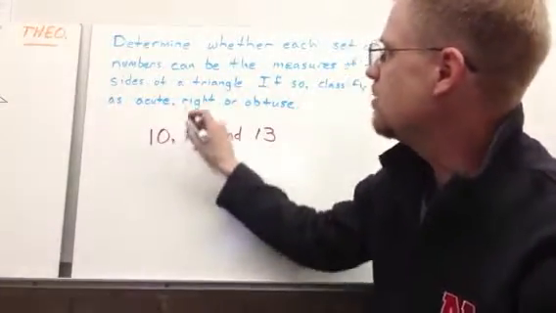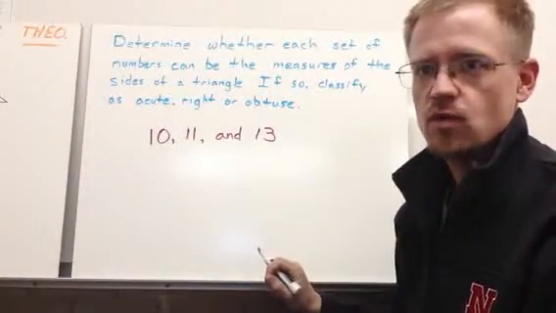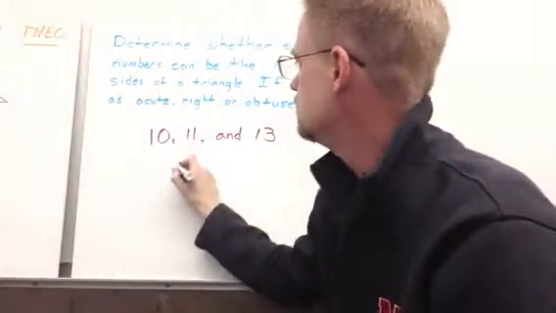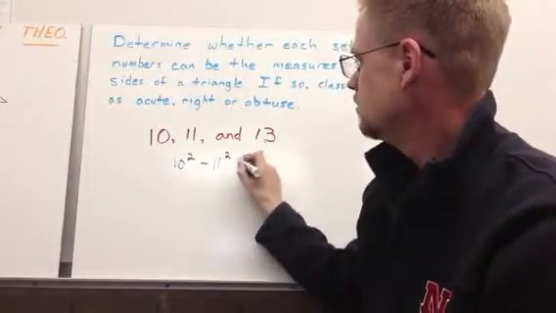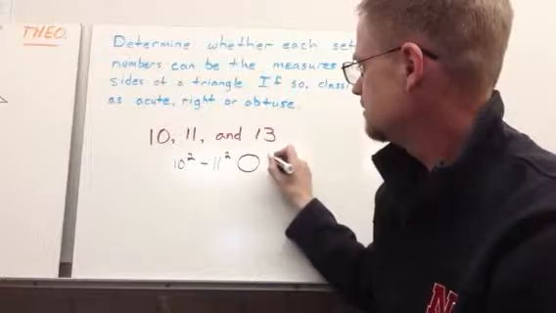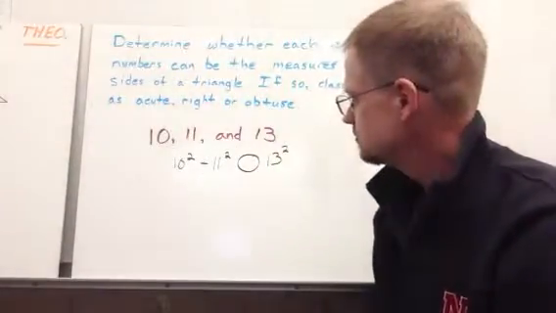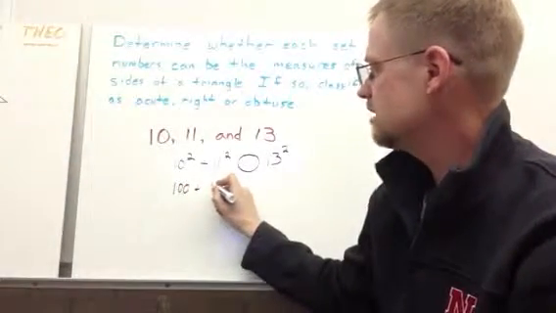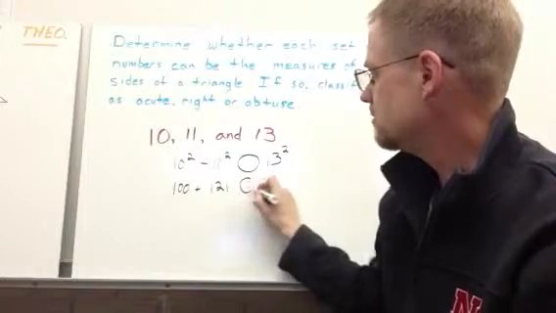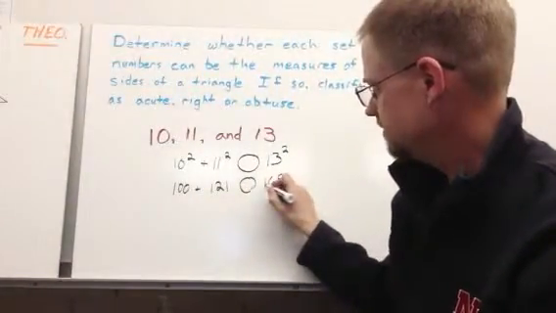So, now we can do the test, since we know it can be a triangle, to see if it's acute, right, or obtuse. So, 10 squared plus 11 squared, we're going to see what that looks like compared to 13 squared. Okay, so 10 squared is 100. Plus 11 squared is 121, and we compare that to 13 squared, which is 169.